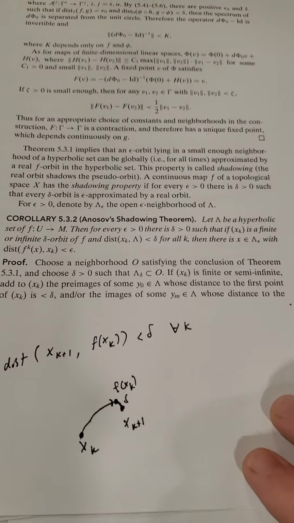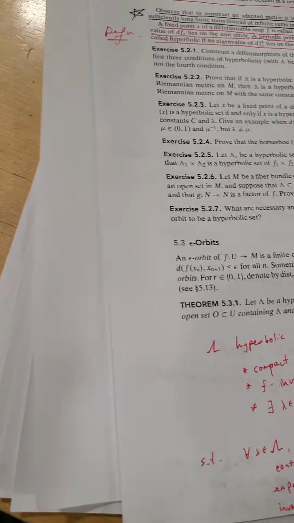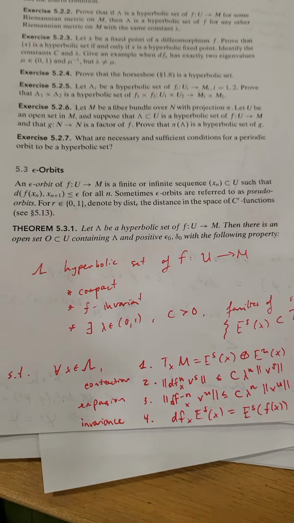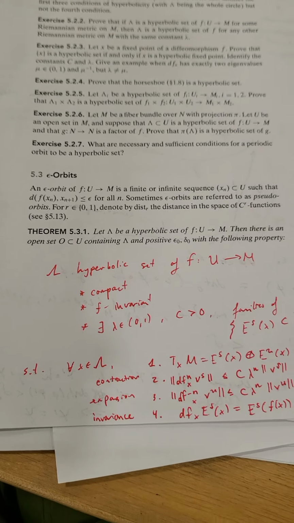So it's kind of a very beautiful and powerful result, and it's a direct corollary of this theorem, which I tried to explain, although probably could have done a better job. This theorem 5.3.1 here.